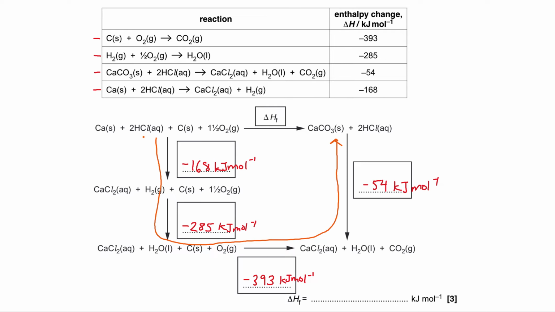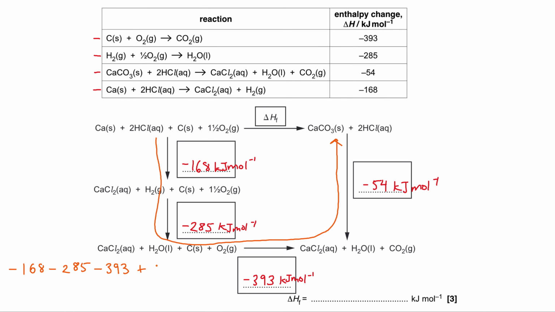Okay. So going down this arrow, I'm going the same direction of this arrow, so the sign stays the same. So that's minus 168. That gets me to here. I'm still going in the same direction of this arrow, so the sign for this stays the same. So that's minus 285. This one, again, I'm going in the same direction of this arrow, so that is minus 393. Now this one over here, I'm going in the opposite direction of this arrow to get to here, so I'm going to change the sign of this.